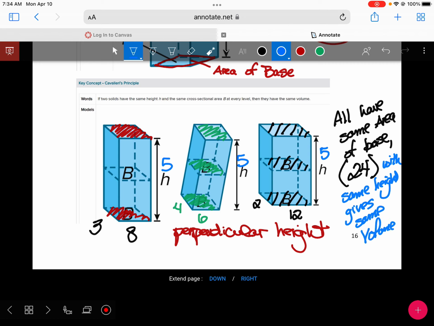Okay? So as long as your base is the same, 3 times 8 is 24. 4 times 6, 24. 2 times 12, 24. And then you take times that perpendicular height, you're going to get the same volume for each of those.